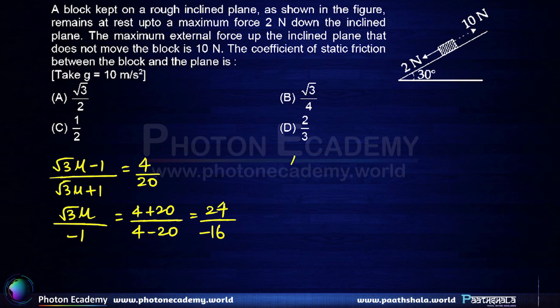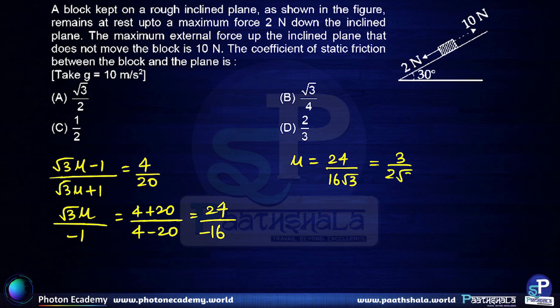Therefore, mu equals 24 upon 16 root 3, that is 3 upon 2 root 3, which is root 3 by 2. Therefore, mu equals root 3 by 2. So the answer is option A.